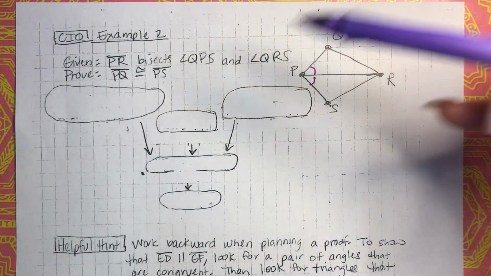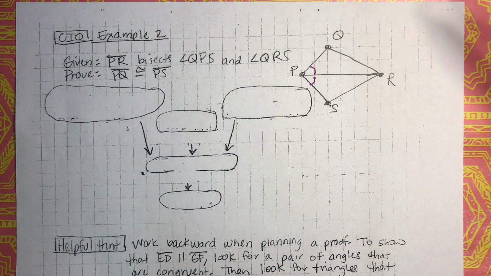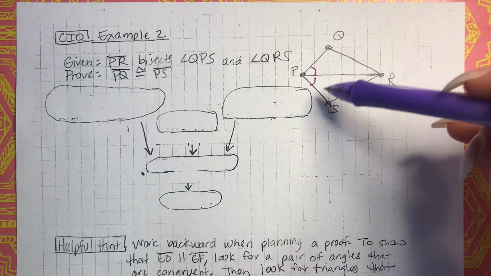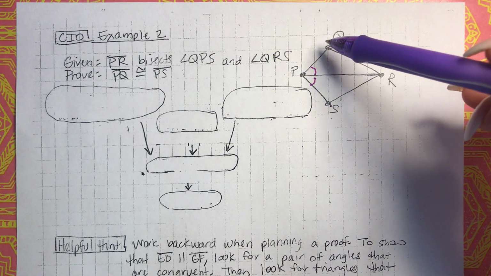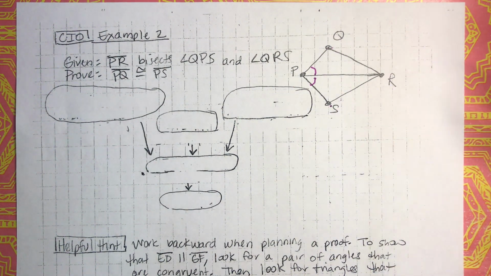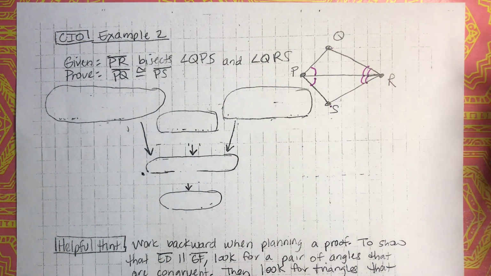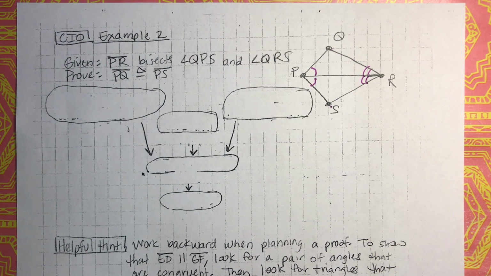And if you look here, there's no 2-stepper, so that's why this configuration is wrong. But it says PR bisects QPS and PR bisects QRS. So this angle over here, which would mean those 2 would be congruent and those 2 would be congruent. Which is also another 2-stepper.